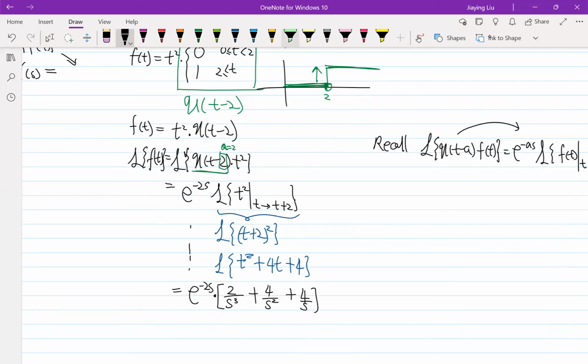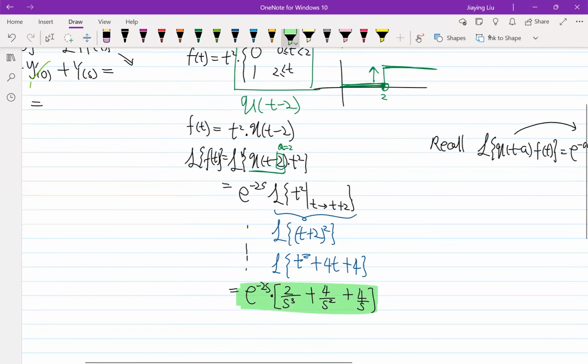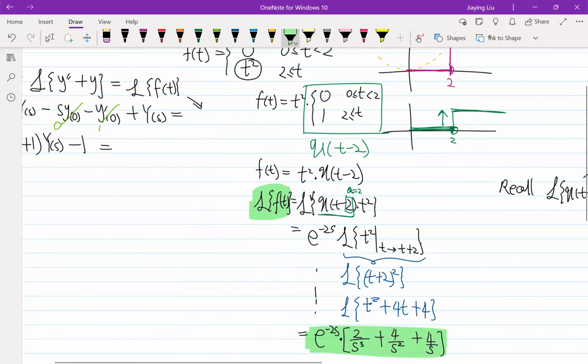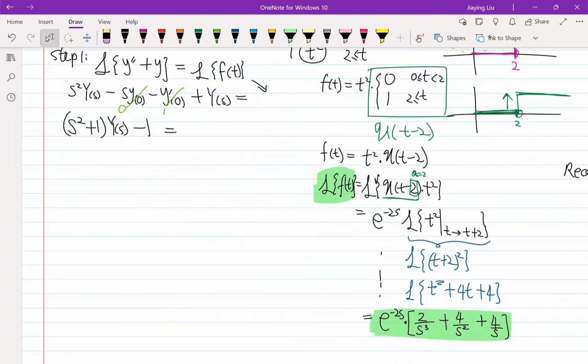This highlighted term is the Laplace transform of f of t, and we're going to use that in the differential equation when we apply the Laplace transform. So this expression goes to here.